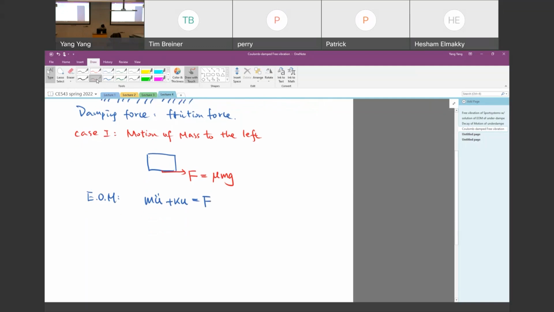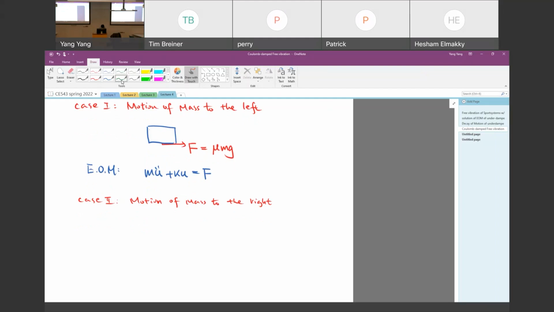And similarly, if the motion of the mass is to the right, we have the equation of motion with the friction force negative.